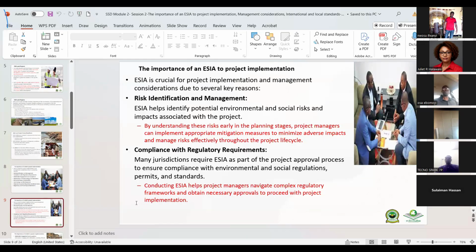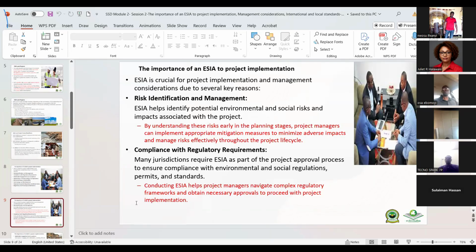Then compliance with regulatory requirements. If you do proper ESIA, you will find out that the issue of saying, did you comply with the regulatory? Because if you're using experts that understand the rudiments, that understand the laws of both the local, international, and national laws, you find out that your project's ESIA would have complied with all the available requirements.